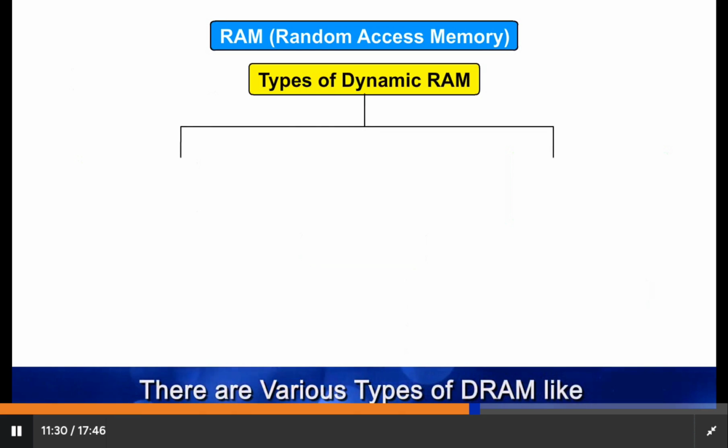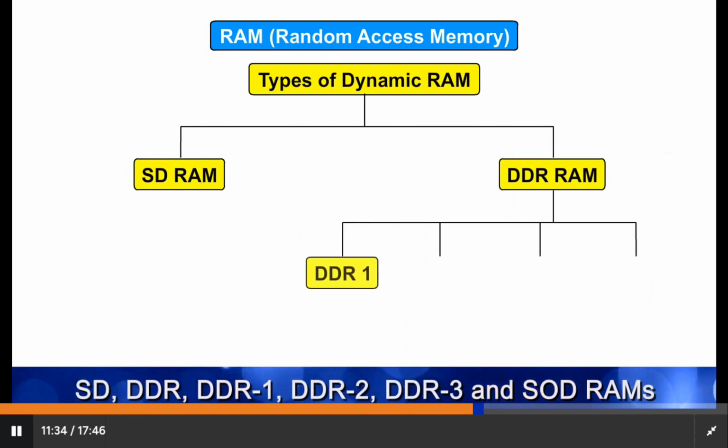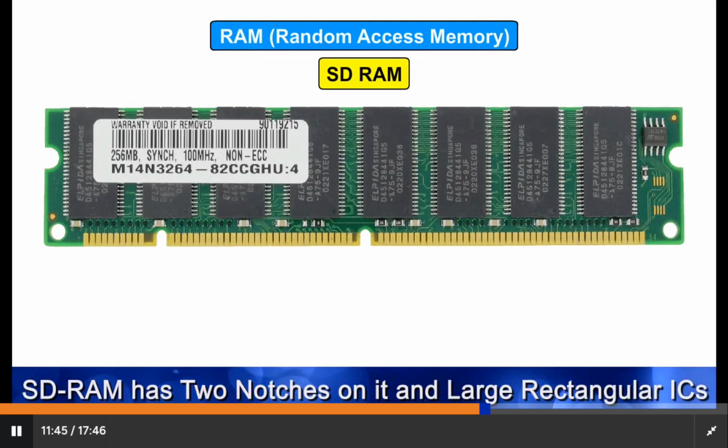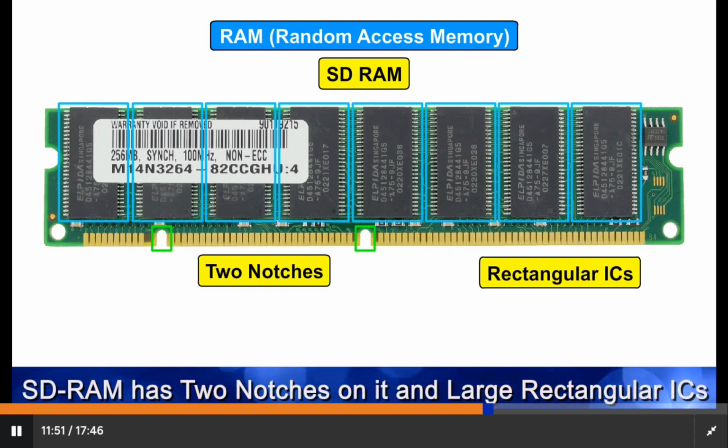There are various types of DRAM like SD, DDR1, DDR2, DDR3 and SODIMM RAMs. SD-RAM. SD-RAM has two notches on it and large rectangular ICs.